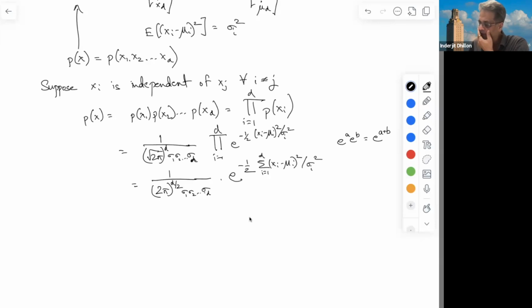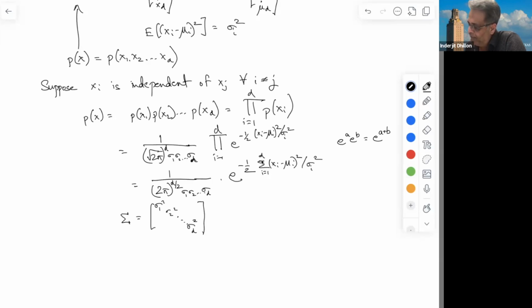So what I can do is take a matrix sigma. By the way, sorry, I don't think I can avoid it, but this is a matrix sigma, whereas this is the notation for a summation. I'm collecting things in a matrix sigma, which is sigma 1 squared, sigma 2 squared, up to sigma d squared.